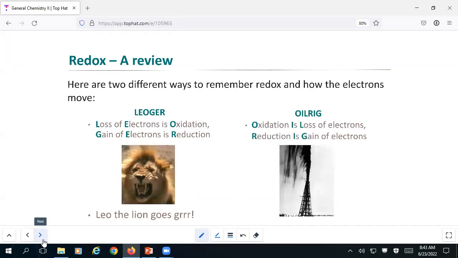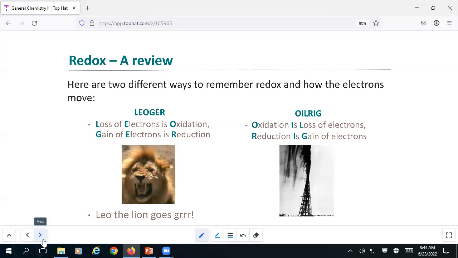Now, back in Chem 105, we gave you these mnemonic devices to try to help you keep oxidation and reduction straight. And we're going to reiterate them here again. Which one you use, the fact that you use either of them doesn't matter to me. It's all about what goes on inside your head.